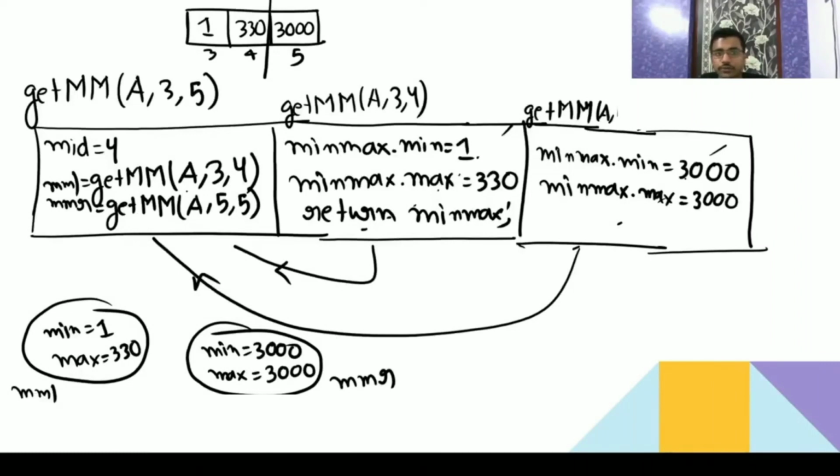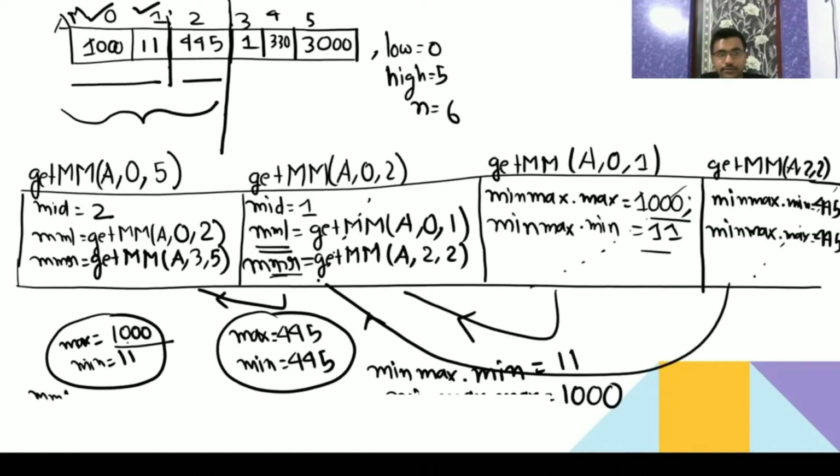So the actual min is going to be 1, and the max is going to be 3000. In the right hand side we have found that min is 3000 and max is 3000. In the left hand side we found that max is 1000 and minimum is 1. So this is the min, this is the max.